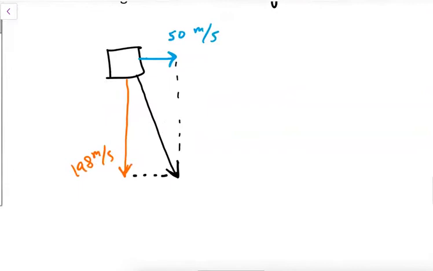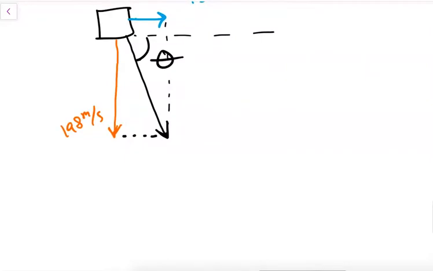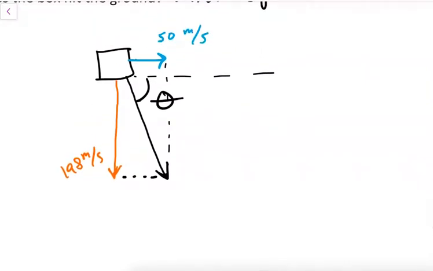Let's look for how much it's below the horizontal, so let's look for that theta. If that's the theta we're looking at, then my right triangle is this. My hypotenuse I do not know yet because that's the magnitude of my speed, but I do know that this side is 198. And so I have my opposite and I have my adjacent according to that angle.